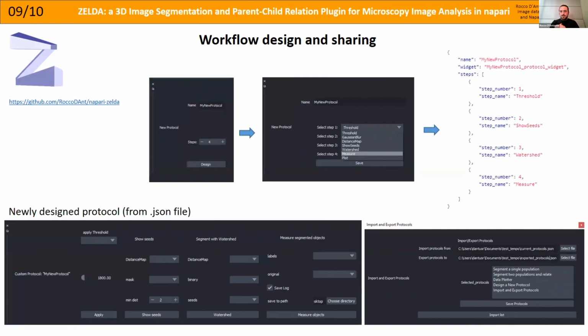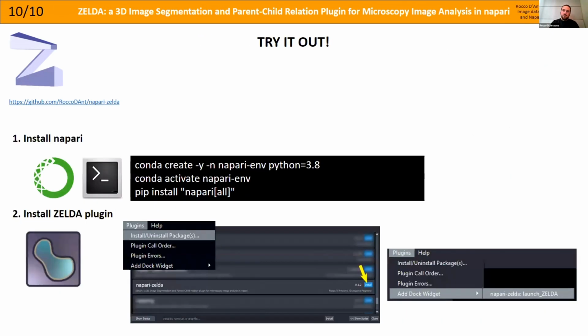All the widgets are available and can be called from a JSON file and can be combined together. So if, for example, we are able to develop a workflow that just requires 3 steps, and we want these 3 widgets appearing in the graphical user interface, we can export this workflow as a part of the JSON file, and we can redistribute it to a third person.